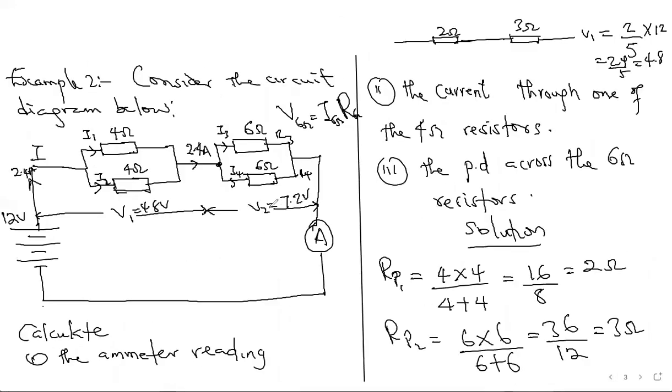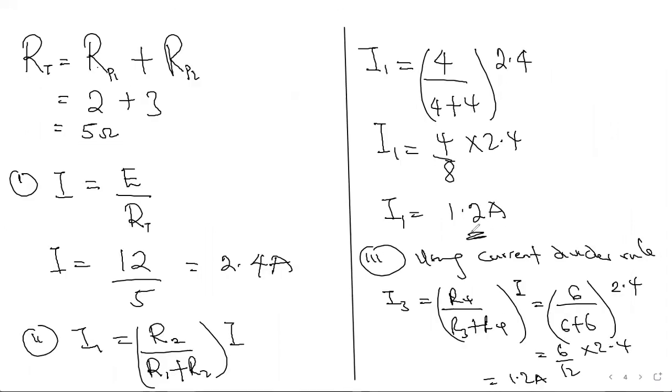If you want, you can use this 4.8 volts to get the current I1, because I1 will be the voltage across the resistor, 4.8, divided by the value of the resistor, 4. So I1 will be 1.2 amps, which is what we got. Whichever method you want, you use. So that's it for the video, and I will see you in the next video. Bye-bye.